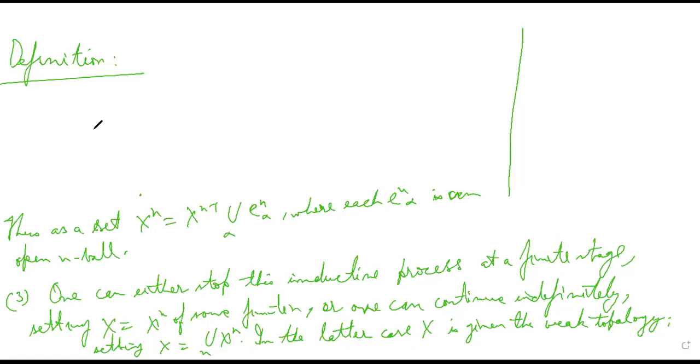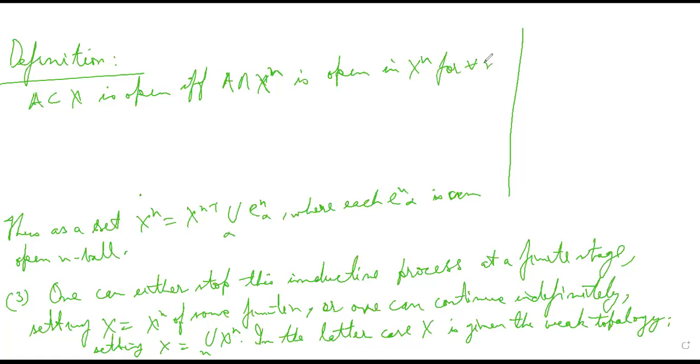So weak topology is given by: a set A in X is open if and only if A intersection Xn, where we know Xn has the quotient topology, is open in Xn for every n.